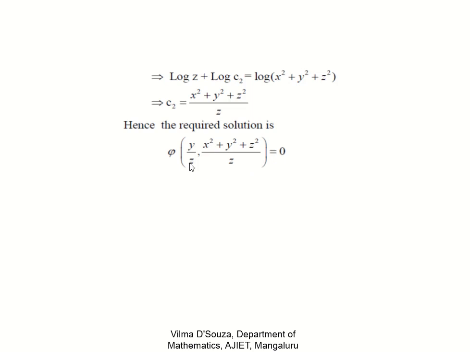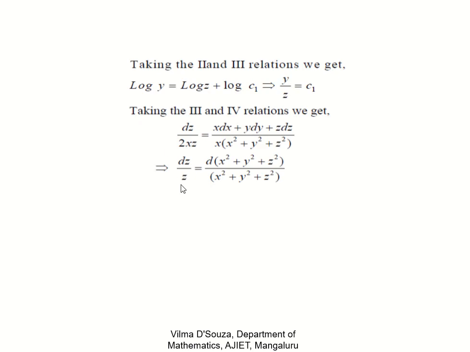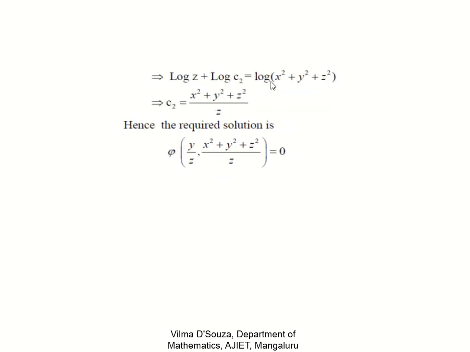Log z = log(x² + y² + z²) + log c2. I have written log c2 on the other side, it doesn't matter. You can write it any way you want. So z/(x² + y² + z²) = c2.